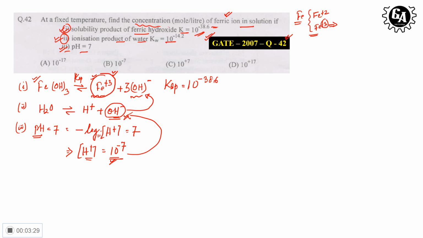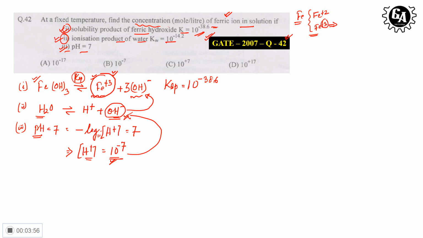So we have the KSP value, and we know how it is calculated. In this case water is also getting dissociated, that's why it is called ionization. Now H2O dissociates into its constituents, H plus and OH minus.